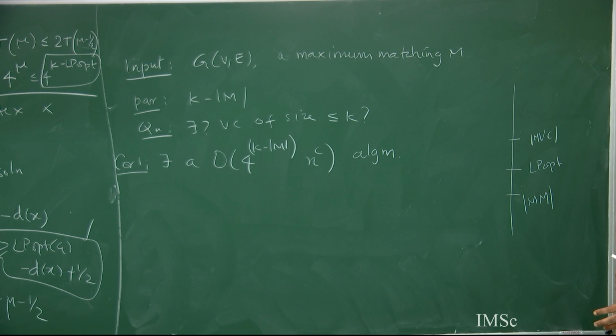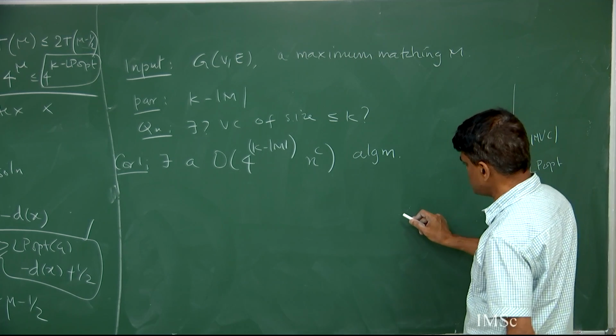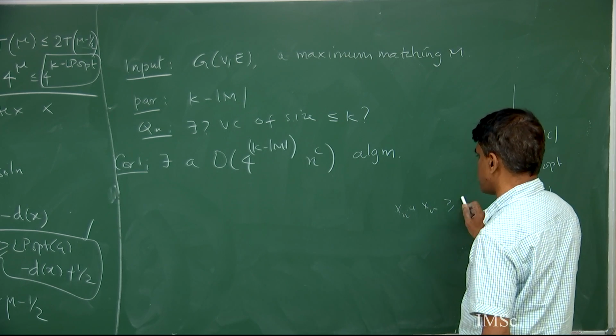Yeah, one line missing in between. You're there almost. So if you recall the LP, for every edge, xu plus xv is greater than or equal to 1.